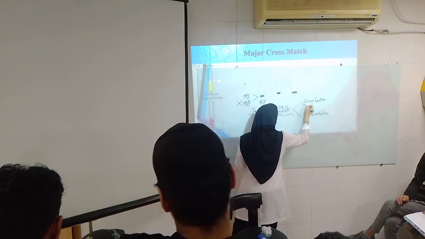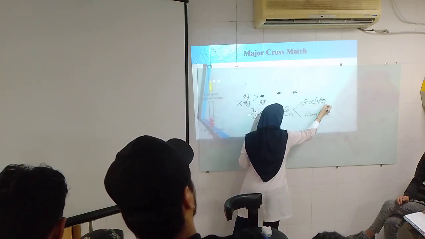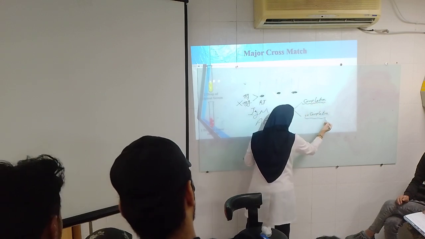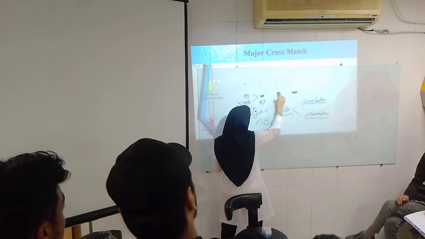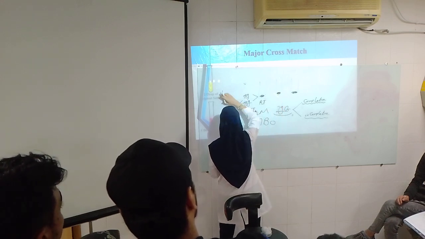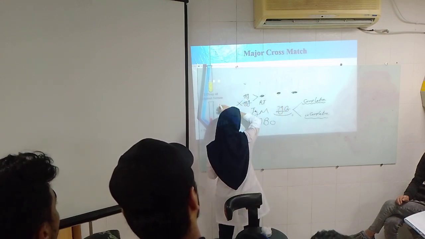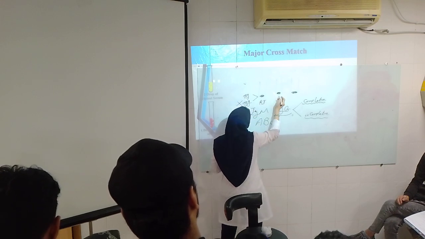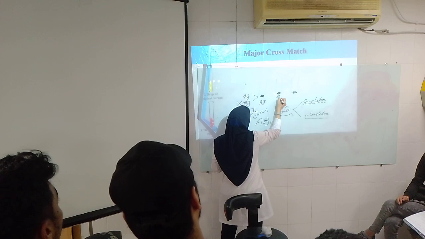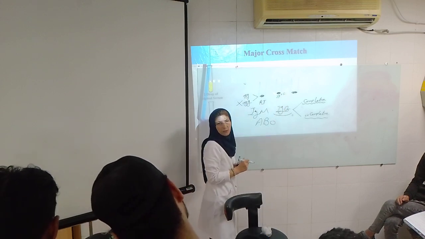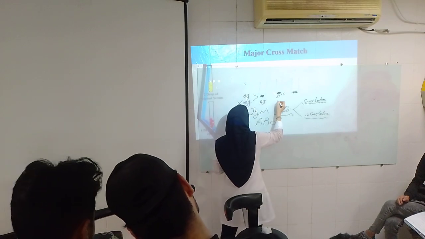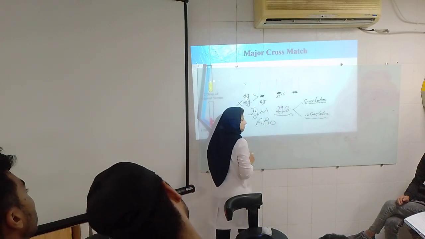The complete ones are stronger, and incomplete, they are weaker. When we mix the donor and the recipient serum and RBCs, after that we put it in the incubator at 37 degrees centigrade for half an hour, and after that again we centrifuge it.